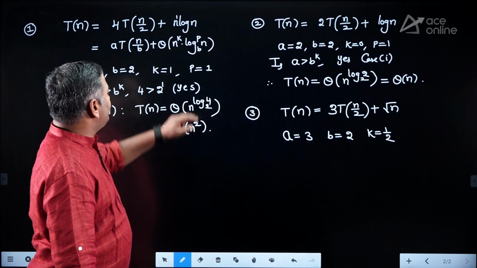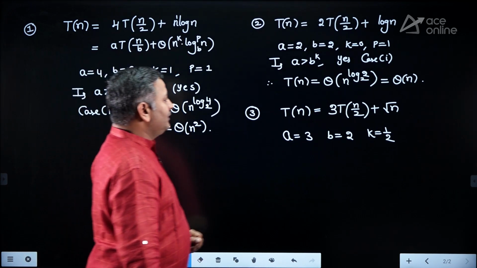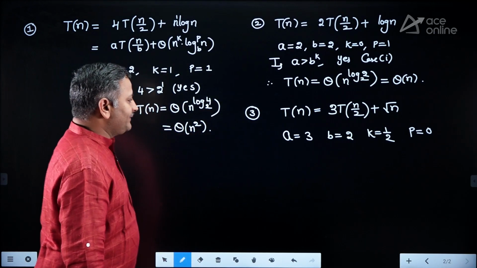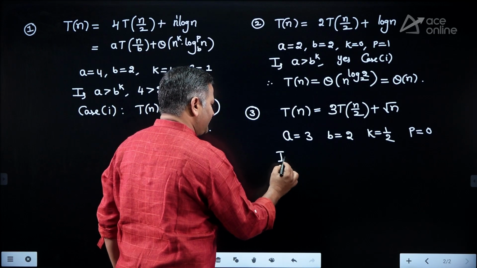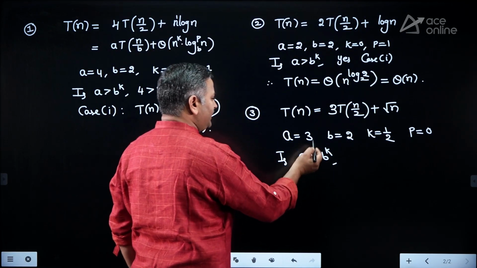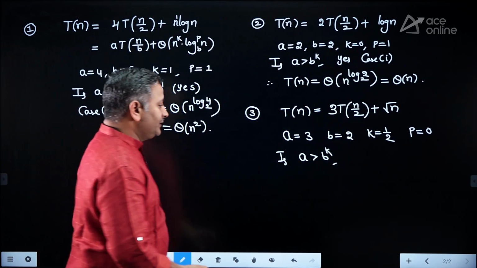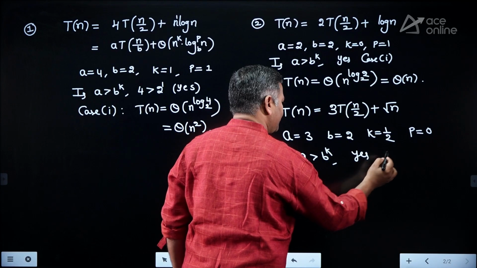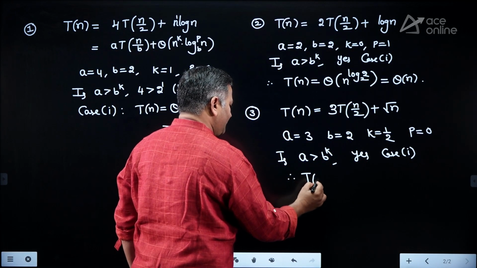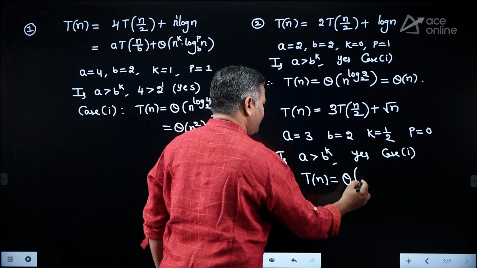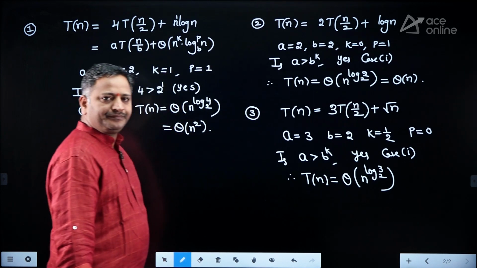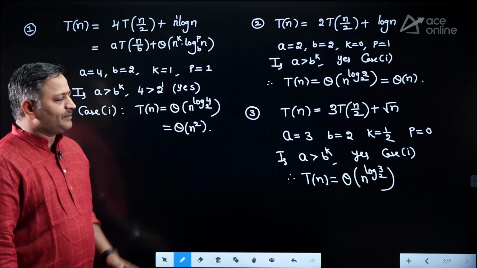But p value is 0 in this case, right, friends? So verify is a greater than b power k. Of course yes, because 3 is greater than 2 power 1 by 2, which is correct. Therefore it is true, so it falls under case 1. Therefore t of n is equal to theta of n to the power of log a base b, that is log 3 base 2. Right, friends? That is the third problem in master theorem.